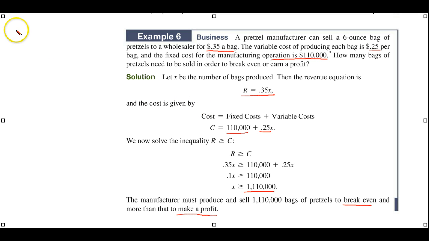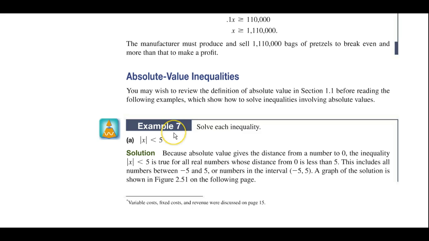So very similar to the one we've just done. Again, we were using cost function and revenue function. They're just giving this in the standard form without putting it in function form. In example 7, now we're going into inequalities that involve absolute values. Now there is a protocol to do these, and I'll go over that right now.